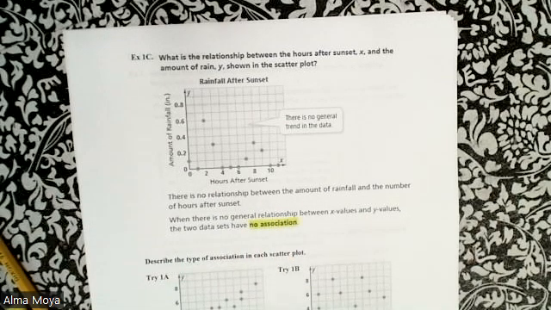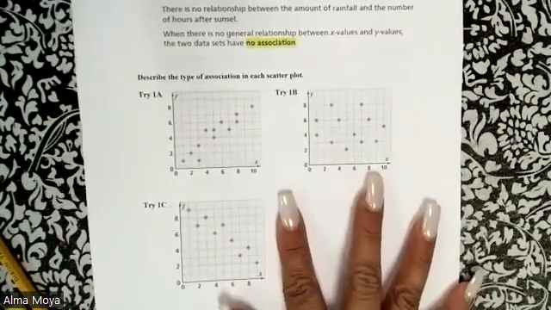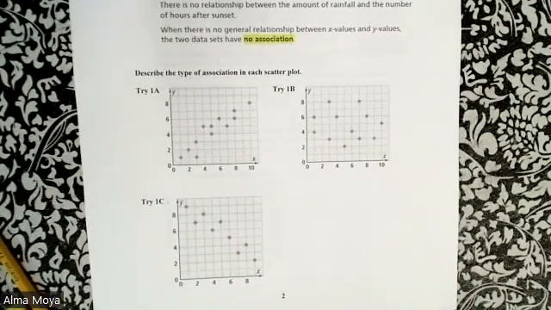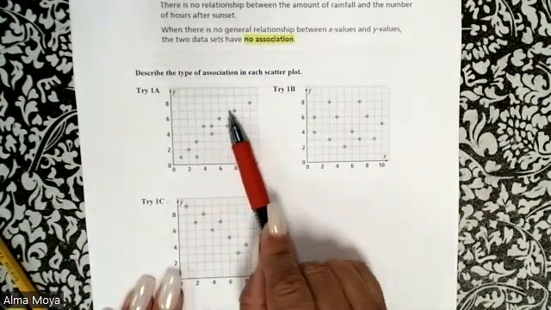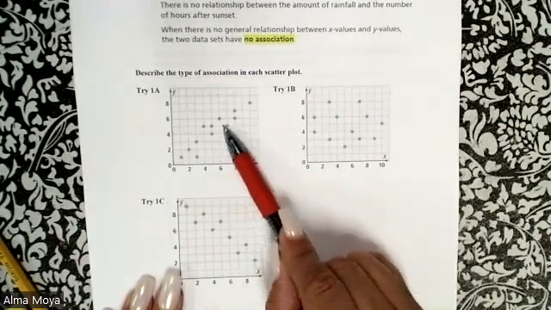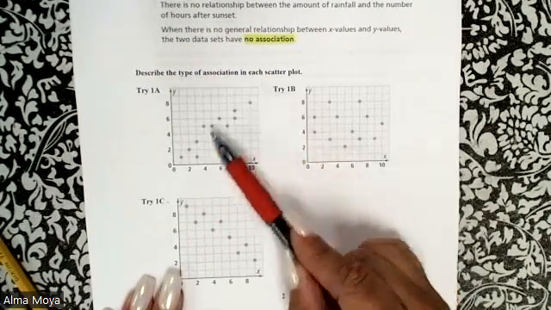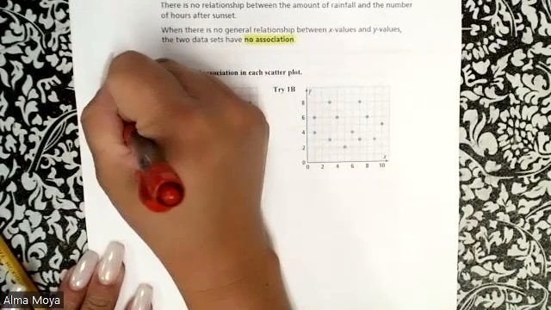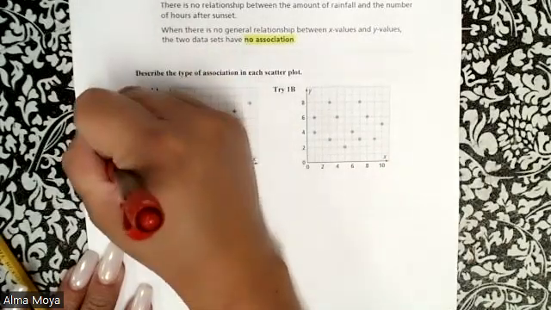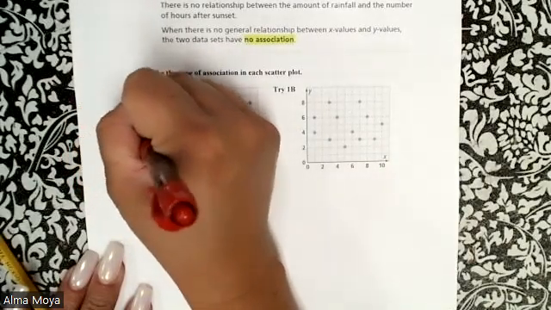So we look at the next ones right here. If I'm going left to right, you can draw a line in between here. So this one is going to be called a positive association.